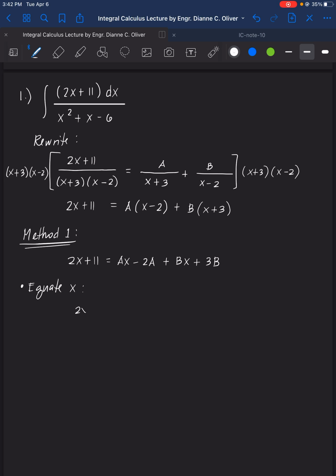We have 2x equals Ax plus Bx. Cancelling x, we have 2 equals A plus B. Solving for B, we have B equals 2 minus A. So this becomes equation 1.